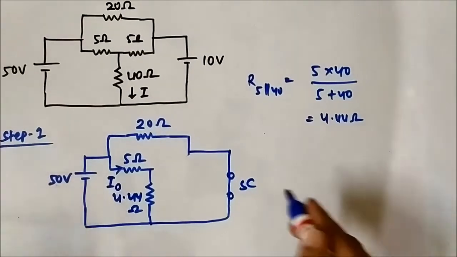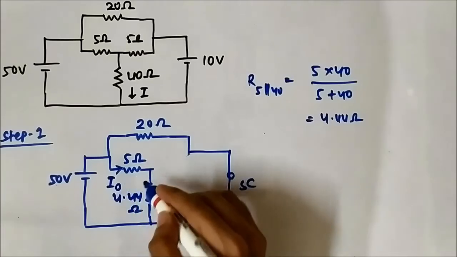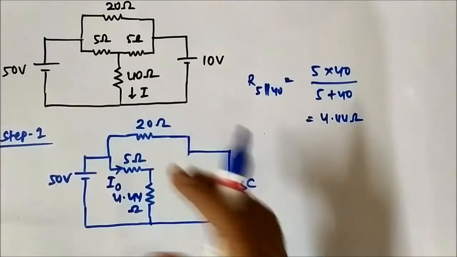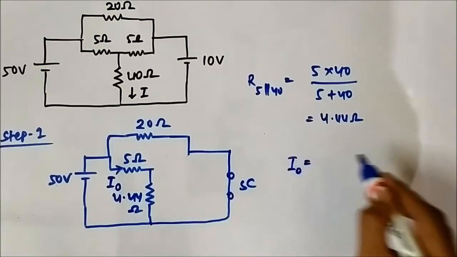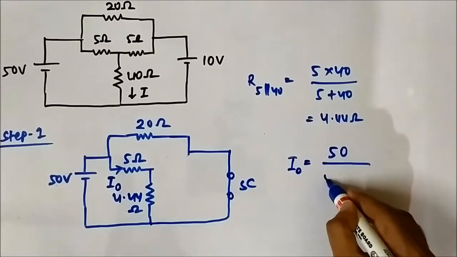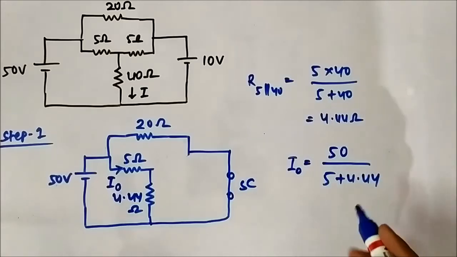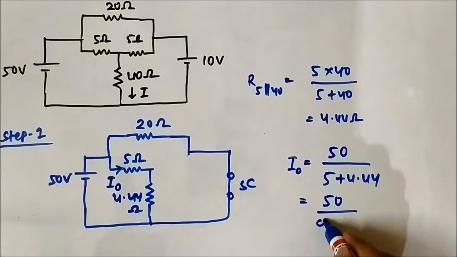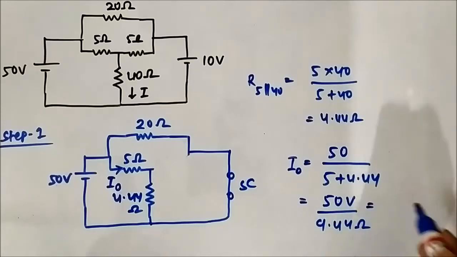5 ohm and 4.44 ohm are in series across this 50 volt voltage source. So this current I0 would be 50 by 5 plus 4.44, which is equal to 50 volt by 9.44 ohm.